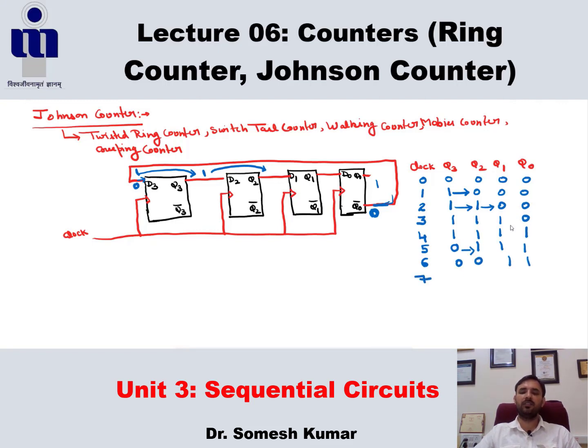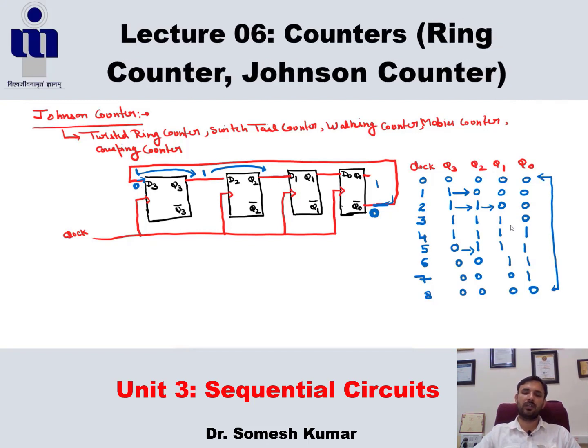Similarly, in the seventh clock, 0, 0, 0, 1. Eighth clock, all become 0. So how many clock cycles are needed for this operation? Basically 8 clock cycles are needed to complete this Johnson counter.